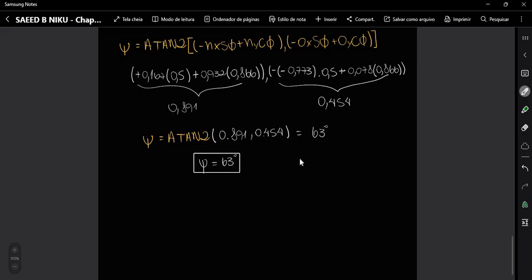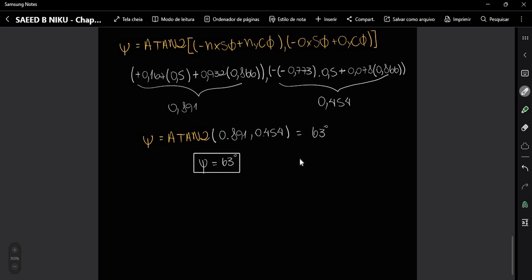And after this, we will start something very important in robotics, something that we will be using with most frequency, which is Denavit-Hartenberg.